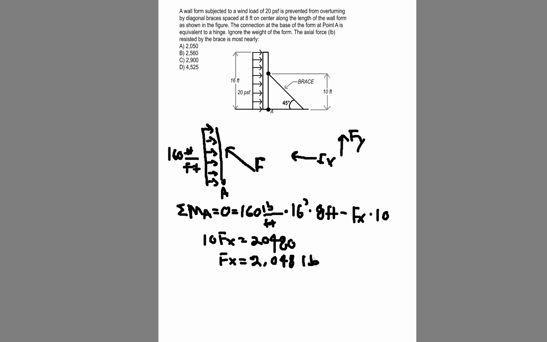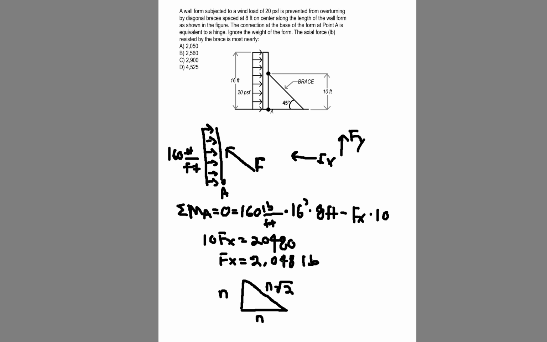And now we have a very simple trig problem, right? Because we know that we have a right triangle here. It's a 45-degree triangle, right? And we know when we have a 45-degree triangle, the two sides are n, the hypotenuse is n root 2, right?